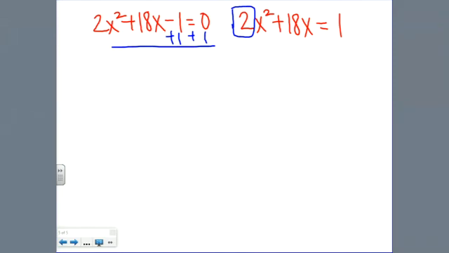So to get it to be a +1, just divide the entire equation by 2, including the right side. So we now have x squared plus 9x equal to 1/2.